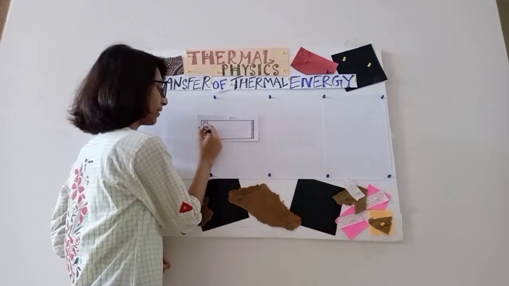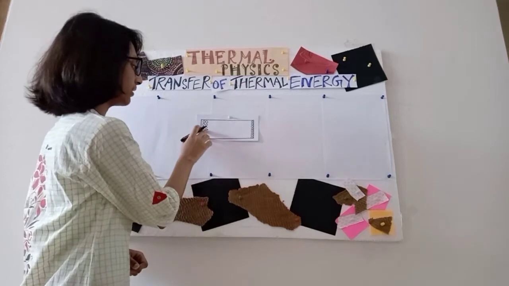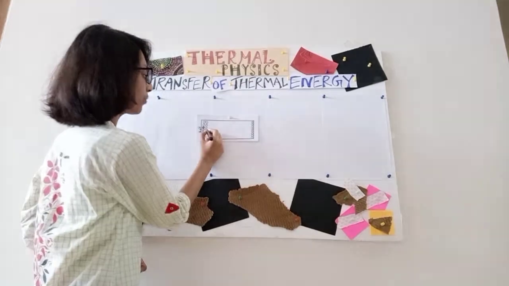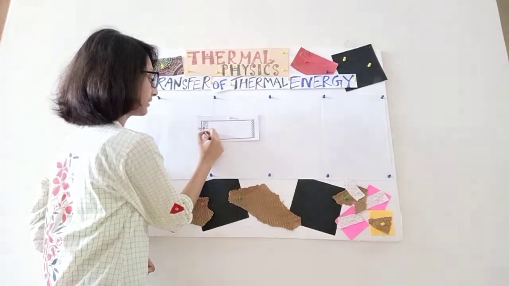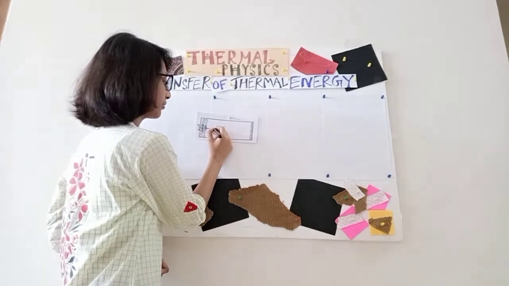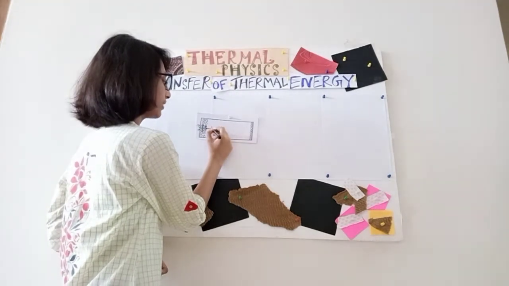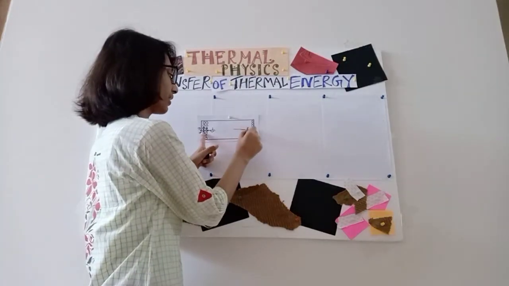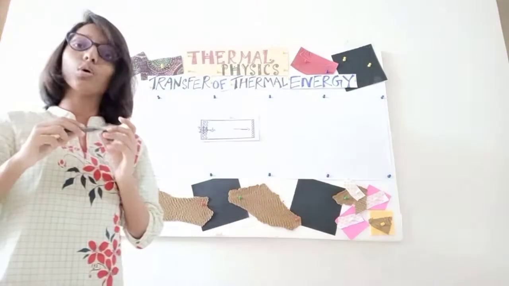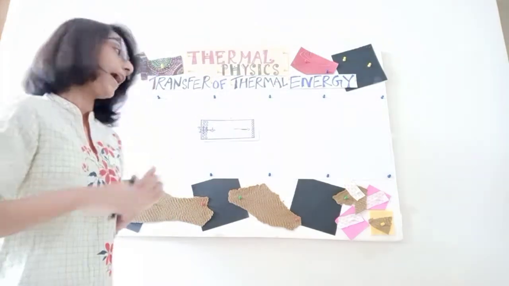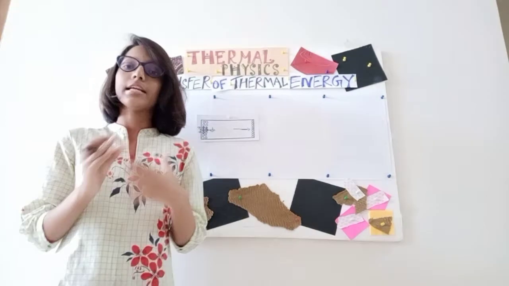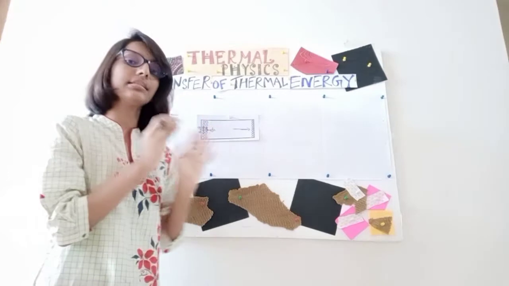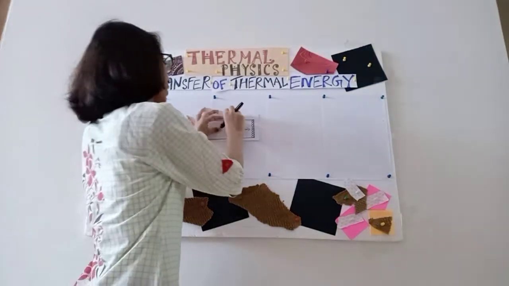This molecule will vibrate this way, and then vibrate with the neighboring molecules, and the neighboring molecules will again vibrate this way, and then again vibrate with neighboring molecules. Like this, this heat will reach over here to the molecules of the colder region, and that is how they transfer the entire heat along the solid. This is the process that we call conduction.